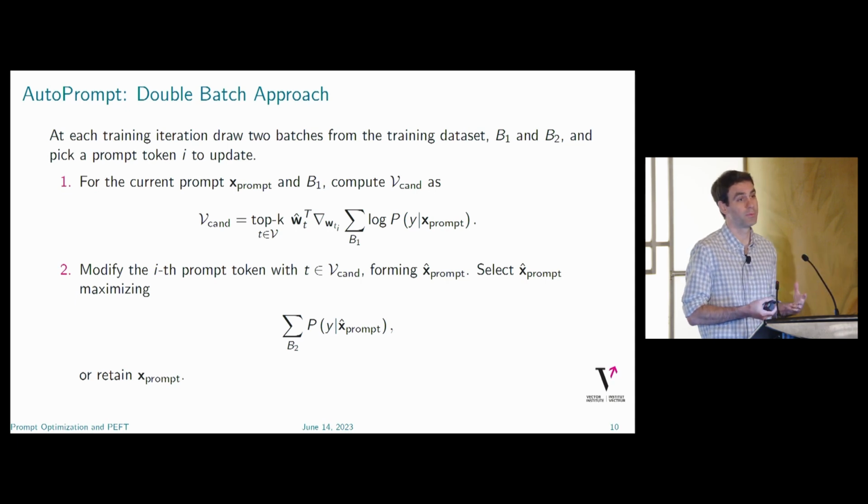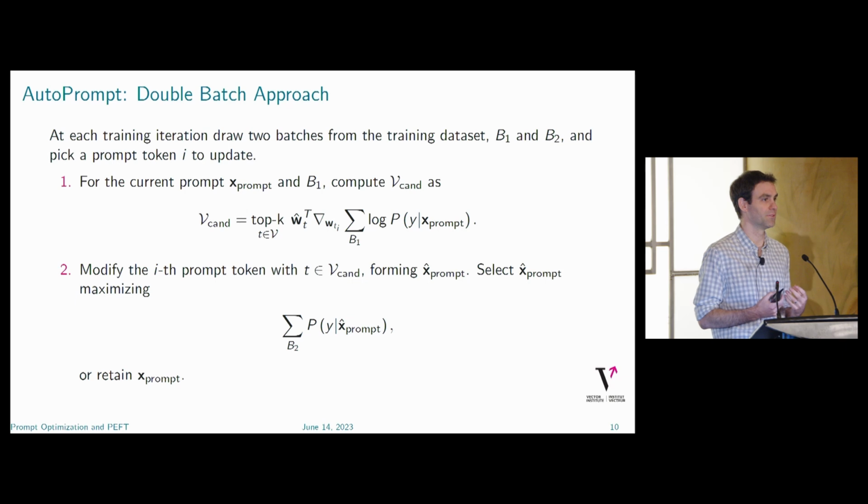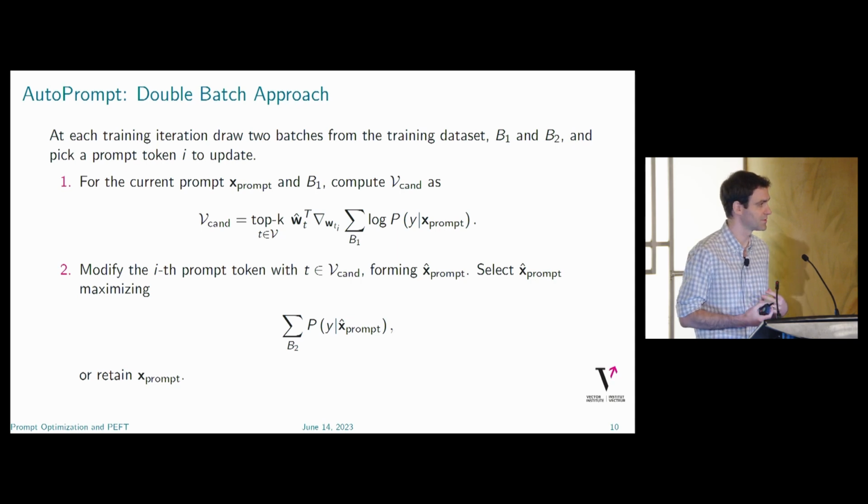If there's no improvement, maybe your derivatives sort of led you astray, then you retain the prompt that you originally had without the modification of any of the tokens that you've identified as candidates, and you move into another set of double batch selection, and you try and improve from there.